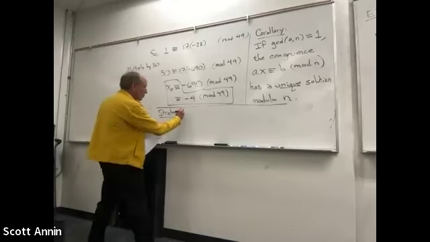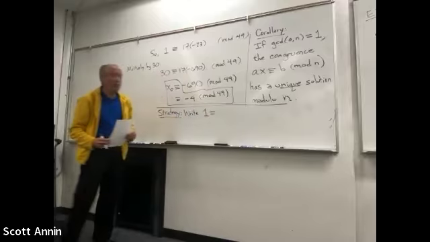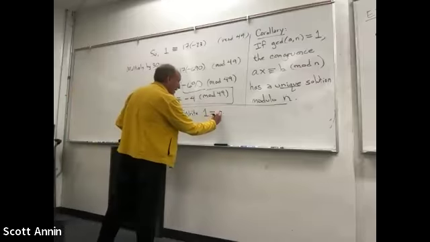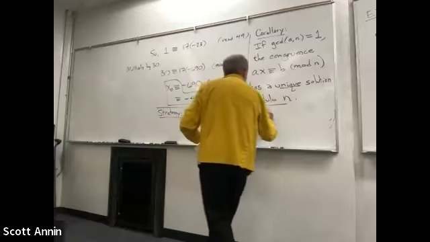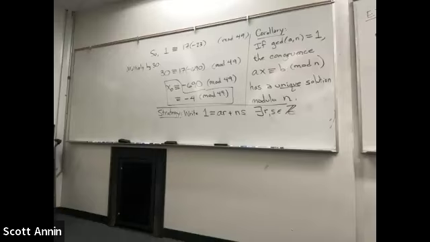So what you basically do is you write 1 as an integer combination of A and N. Let's just say I'm going to write it as A times R plus N times S for some integers R and S. So you start off just doing that.